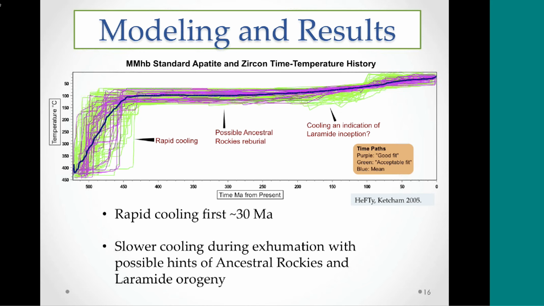I think the average is that for every 1 kilometer you go down in depth, it increases about 25 degrees Celsius. So we're looking at around 100 degrees Celsius, about 4 kilometers down, roughly. So was this initial uplift the start of the Laramide from the Farallon plate crust pushing that up a bit, or was this possibly Sevier orogeny from way off in the west?